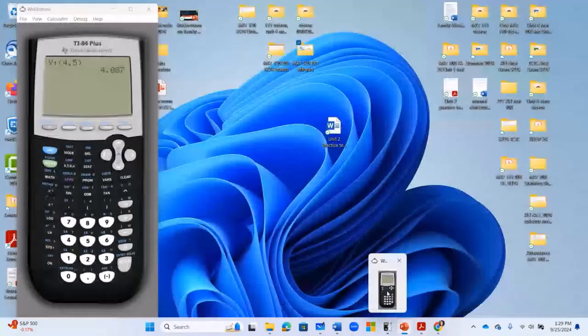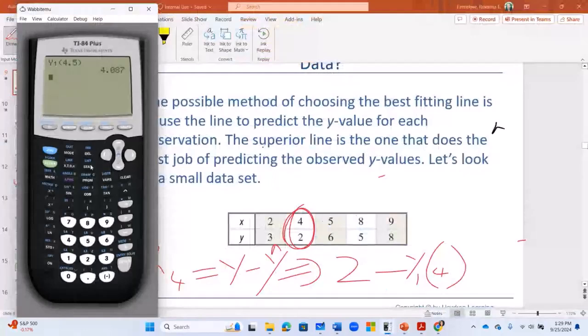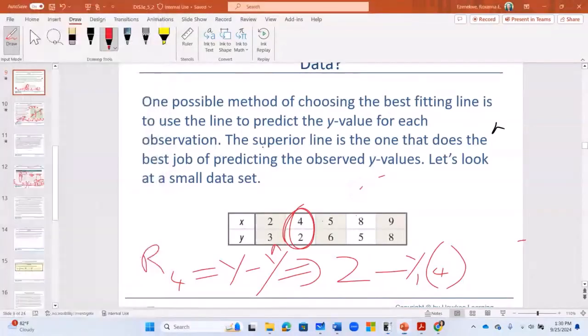So what is that equation? Y is 0.651x plus 1.157.